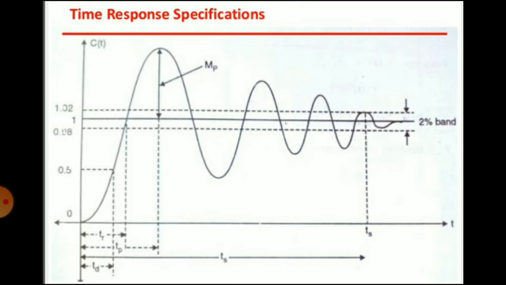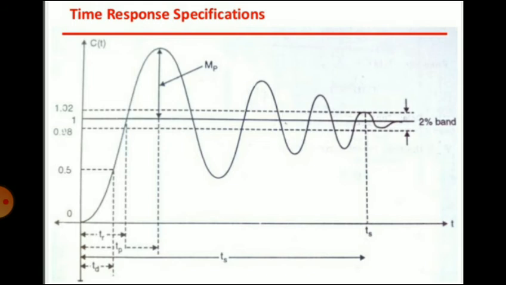So here are the different terms that are used. That is peak overshoot, that is MP. Then CT is the total output. Then at the bottom there is TS. TS means the settling time of the transient response. Then TP means peak time.